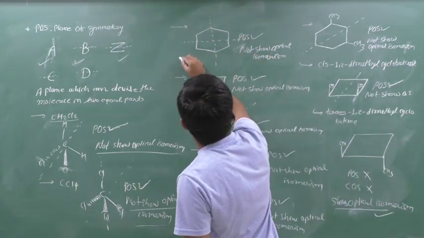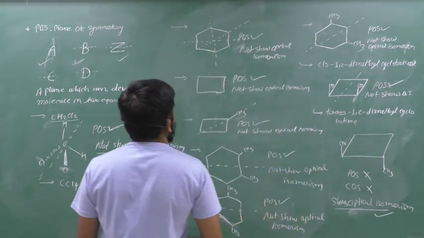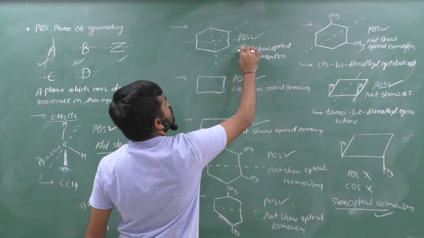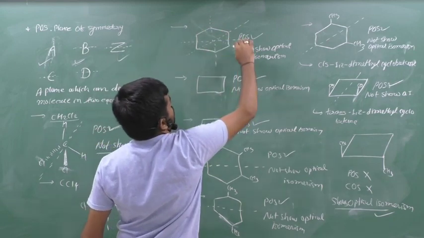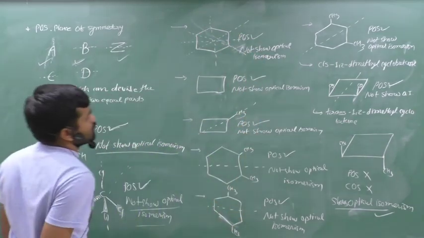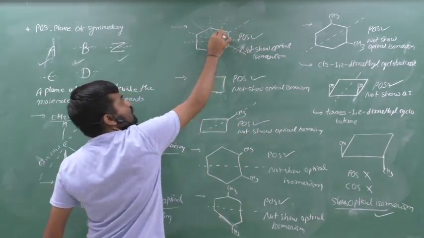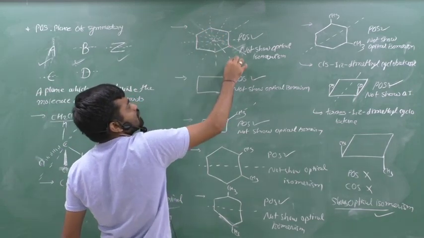It is the third plane of symmetry. Clear? It is the fourth plane of symmetry. It is the fifth plane of symmetry. It is the sixth plane of symmetry.